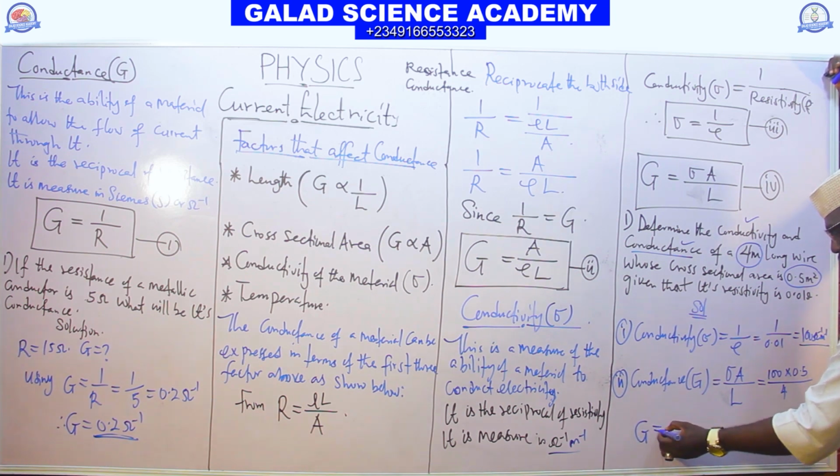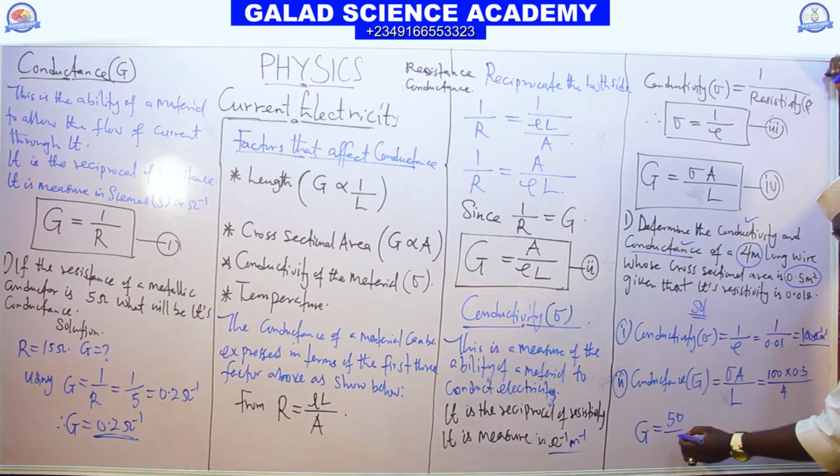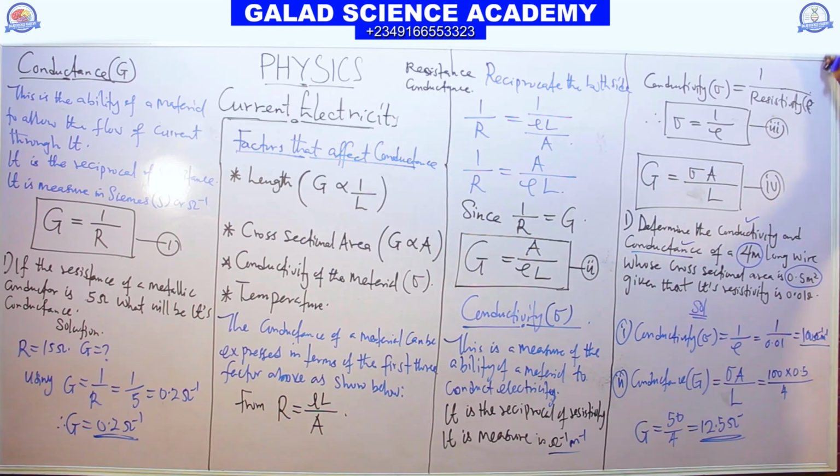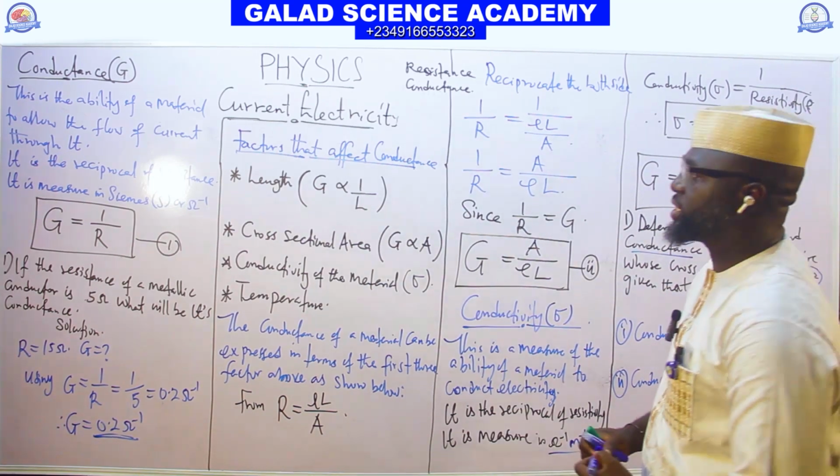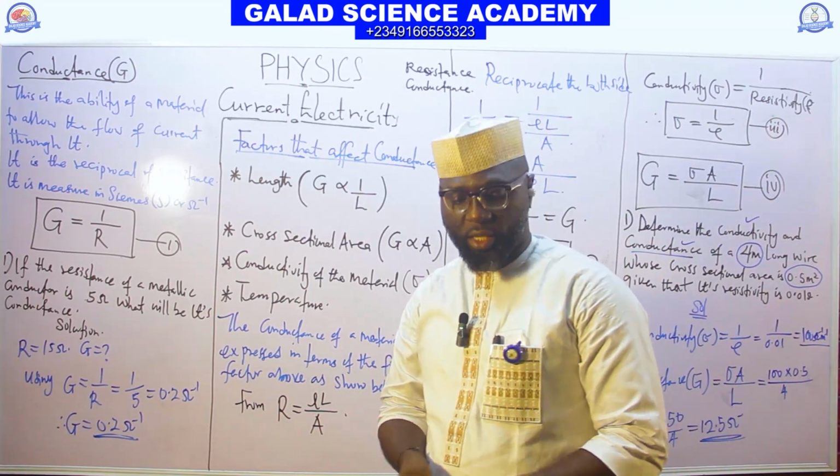So G is 50 over 4, which is 25 over 2, that is 12.5 per ohm. So that is all about conductance and conductivity. Good day.